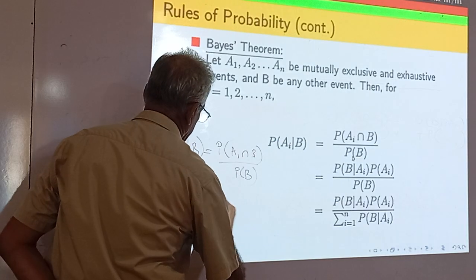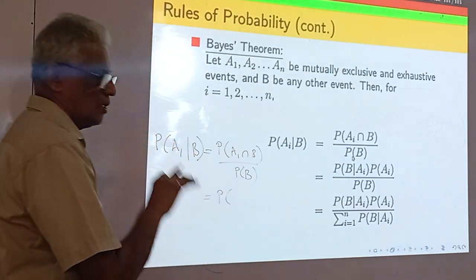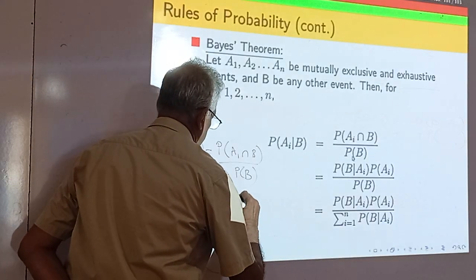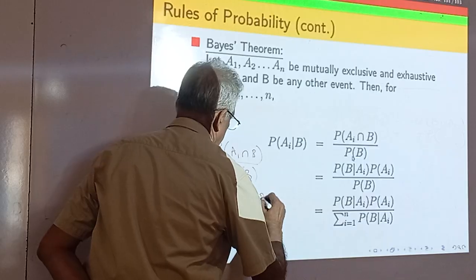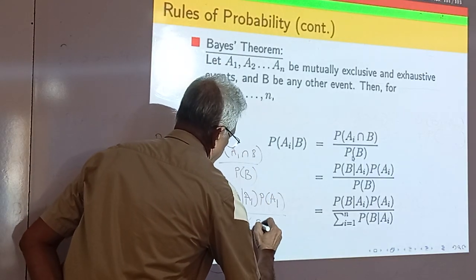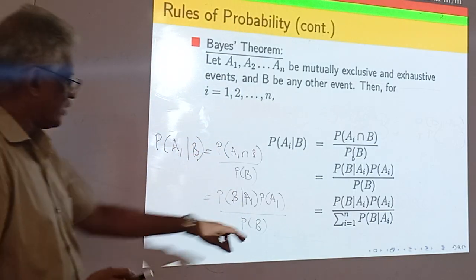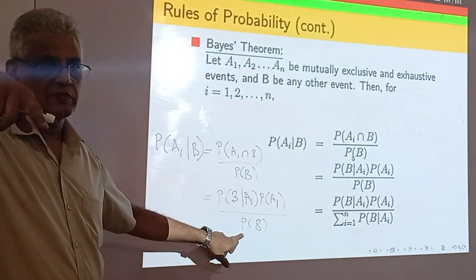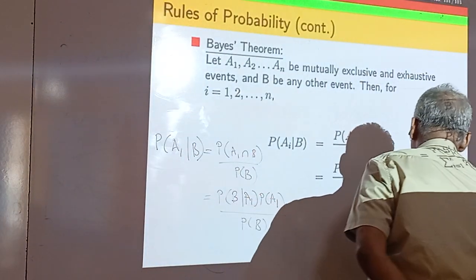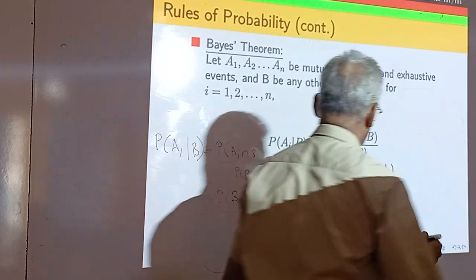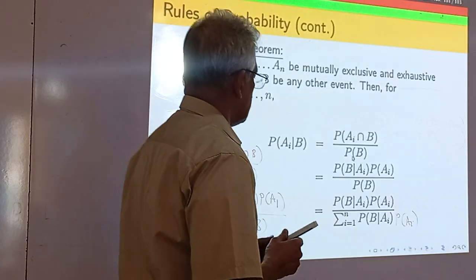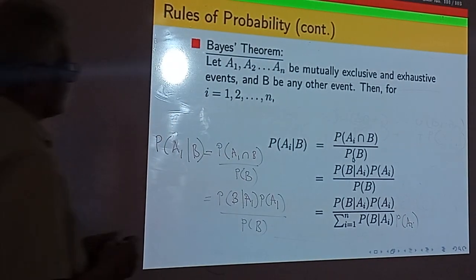And this intersection part we can write down using the multiplication rule, so that we can write probability of B given A1 times probability of A1, that part, and then the probability of B. So the probability of B comes from the total probability law in the previous theorem. So that is what this part is: probability of B given Ai multiplied by probability of Ai. So that's what it is generally.